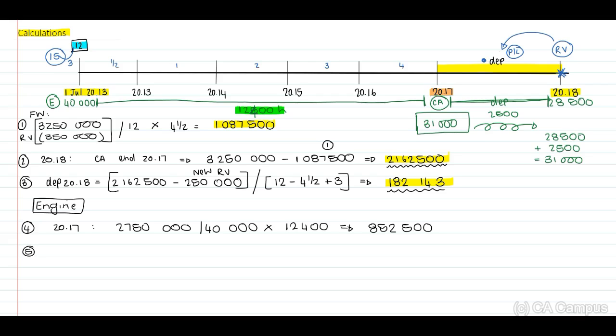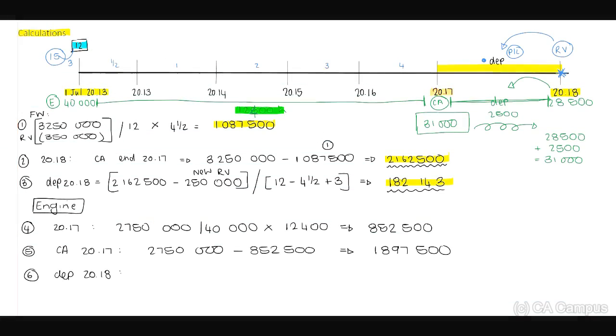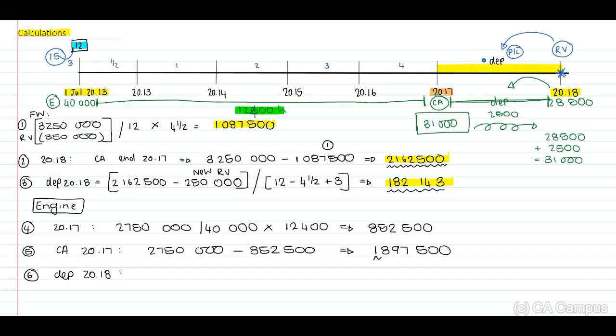Next step, we need to determine our depreciation for 20.18. But to be able to do this, we now need to calculate our carrying amount for 20.17. Why? Remember, a change in estimate. This will have an influence on our current year's depreciation as well as future. Our original amount, 2,750,000 minus our accumulated depreciation. And this will be 1,897,500.